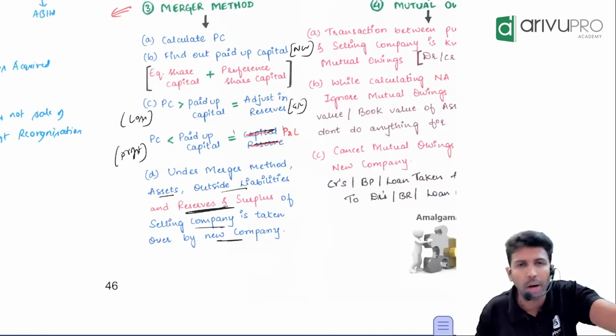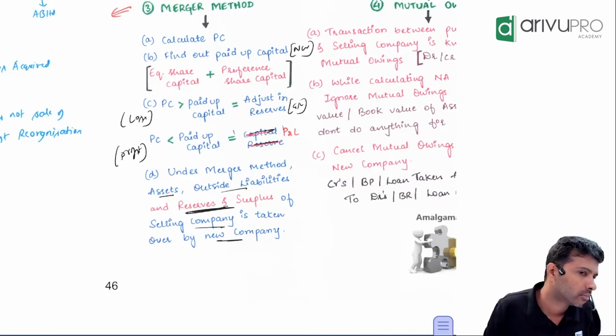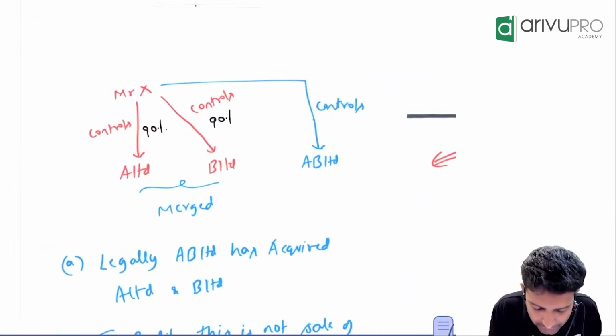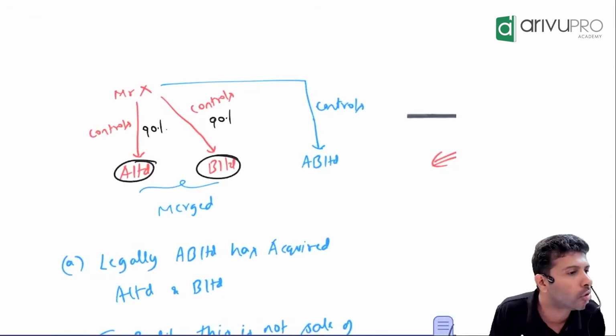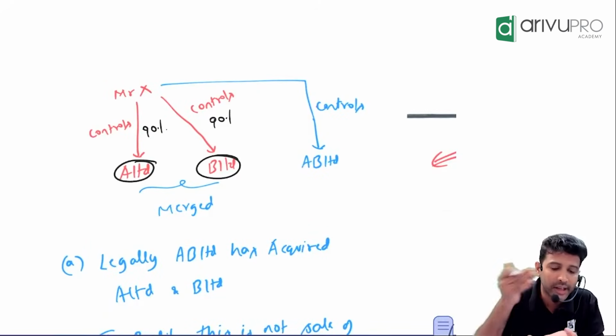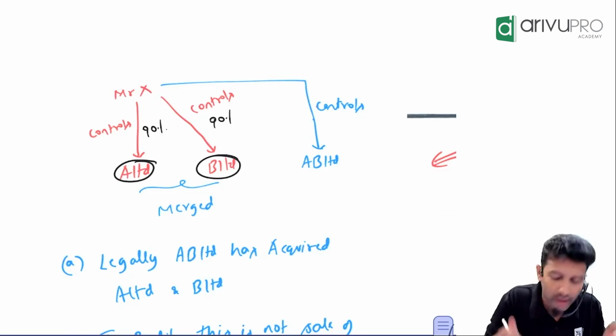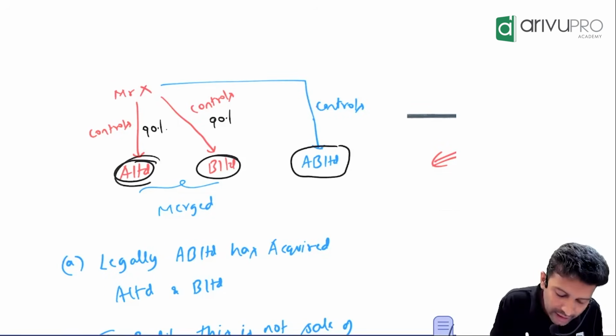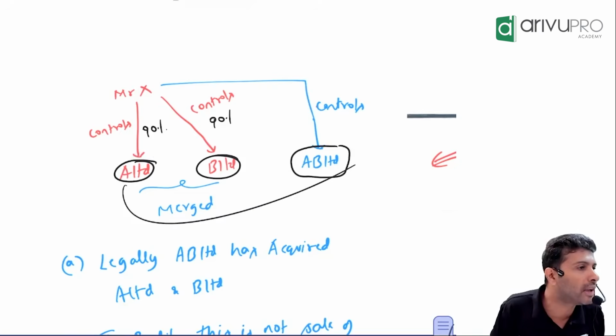Only one component cannot be taken, which is what? Capital. Because capital belongs to A Limited and capital belongs to B Limited. After merger, is A Limited there legally, is B Limited there legally, or closed? After merger, which company exists? AB Limited. So can A Limited's share capital be taken over by AB?